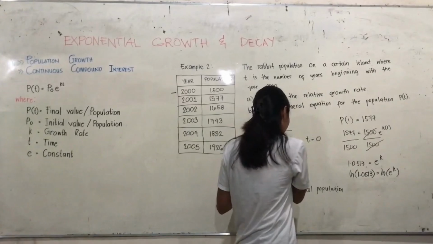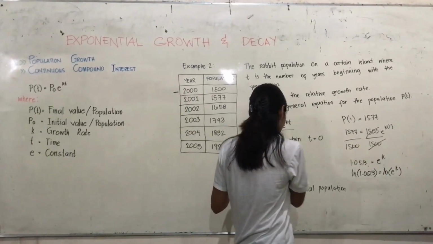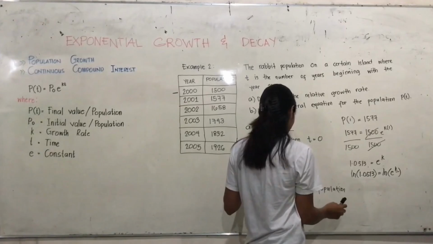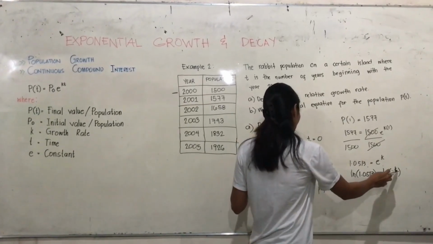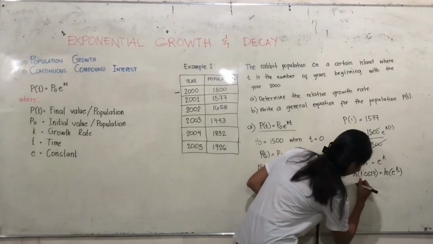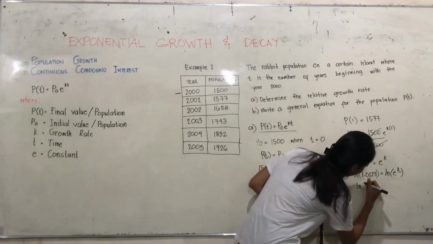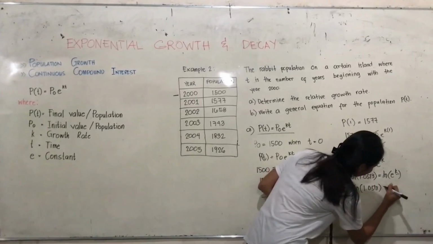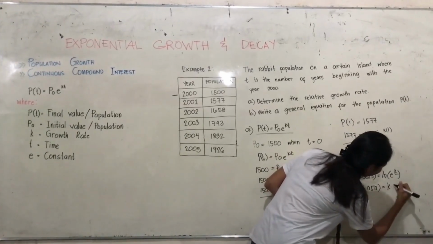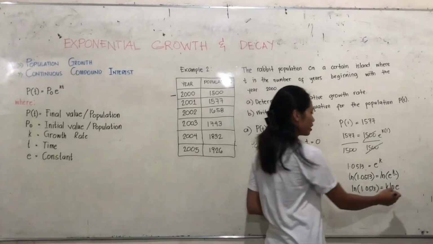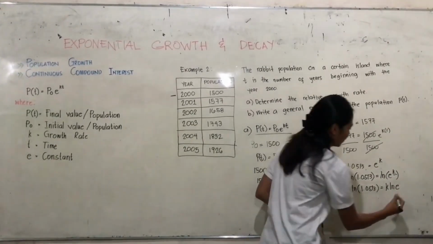The properties of the natural log allow us to move the constant. This K is our constant, so we should move this one to the front. ln 1.0513 is equal to K ln e. We all know that ln e is equivalent to 1.